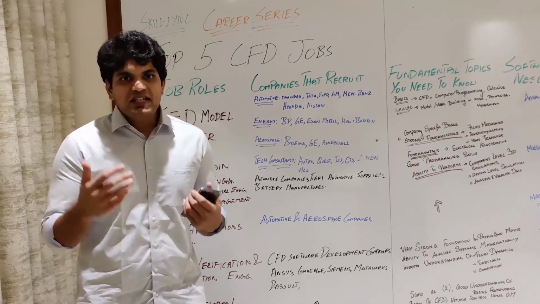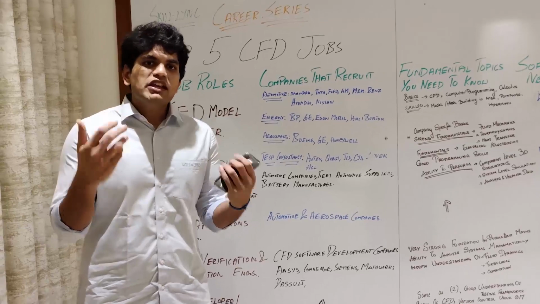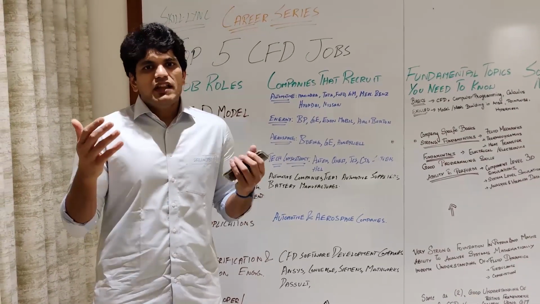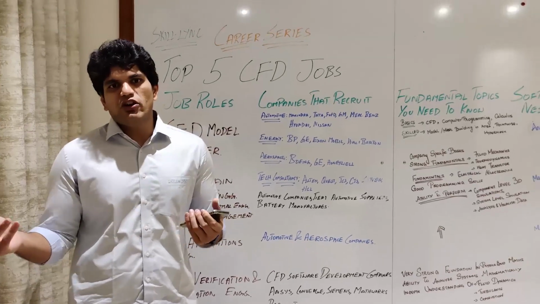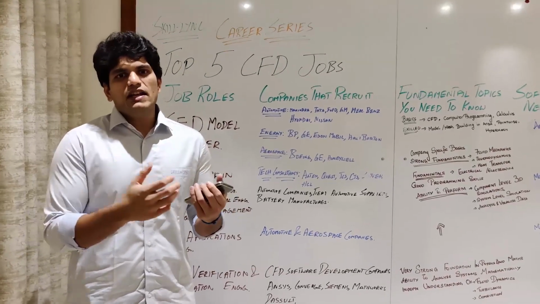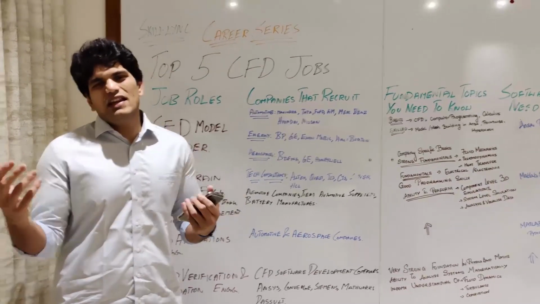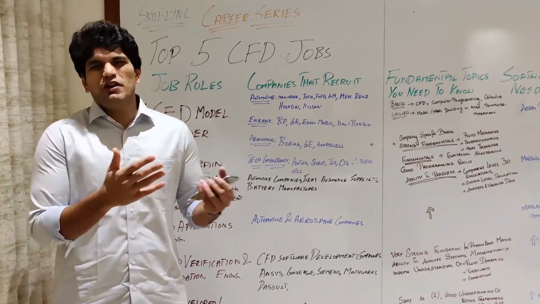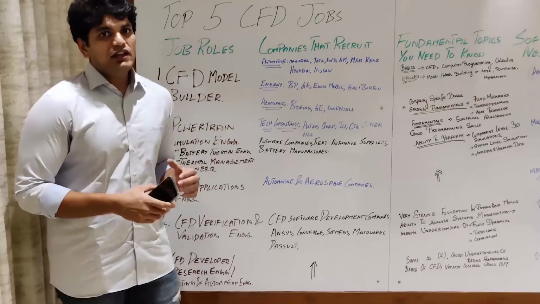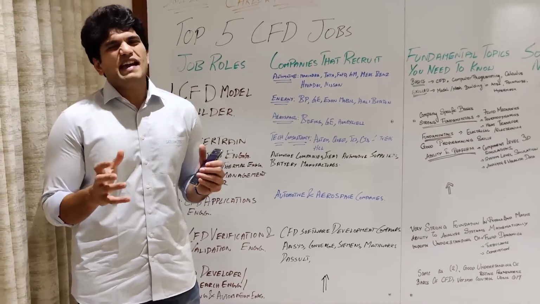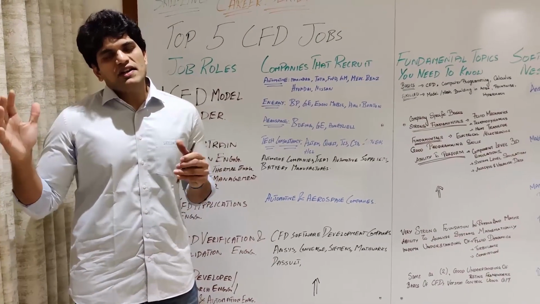A lot of these companies develop their software, and when you think about how people develop software, they develop software by writing code in C, C++, Python and MATLAB, right? And what do they code? They try to solve the governing equations for different situations, right? So that's pretty much the fifth role, and the fifth role basically needs an MTech plus a very good understanding of computational fluid dynamics, right?